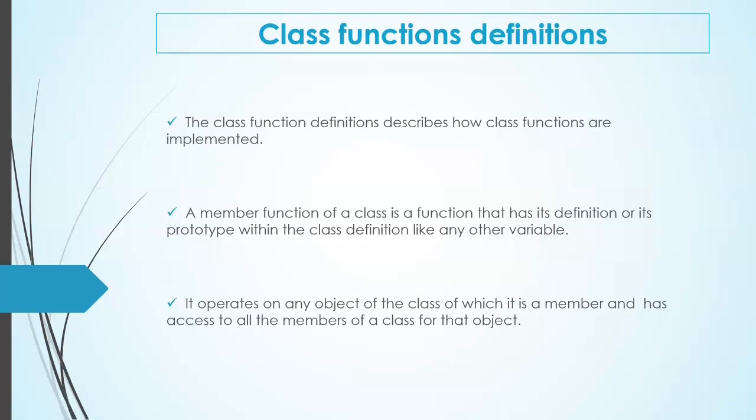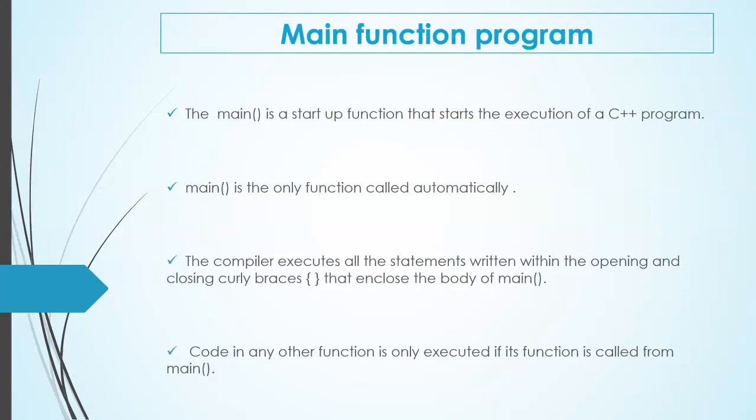Next one, main function program. The main function is a startup function that starts the execution of a C++ program. Main function is the only function called automatically in C++.